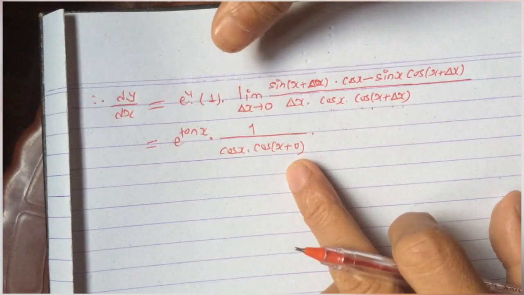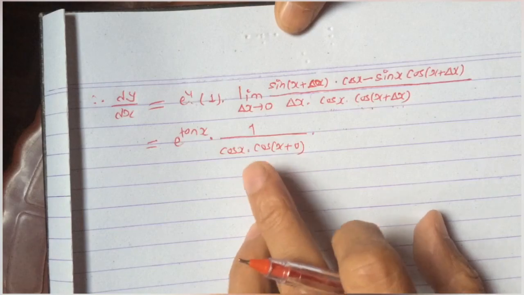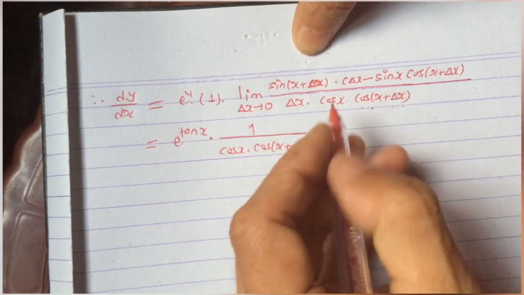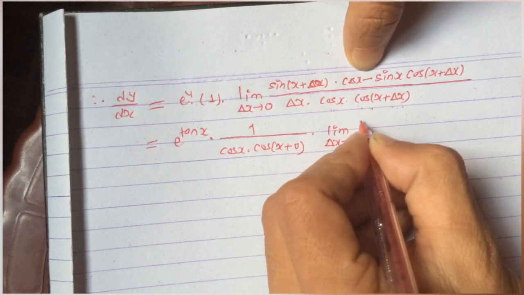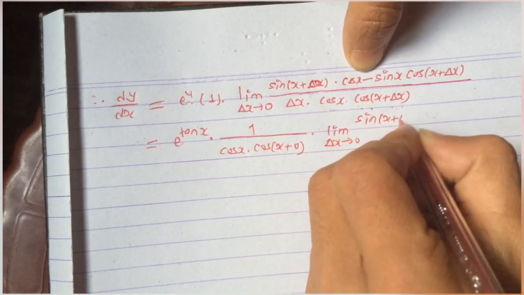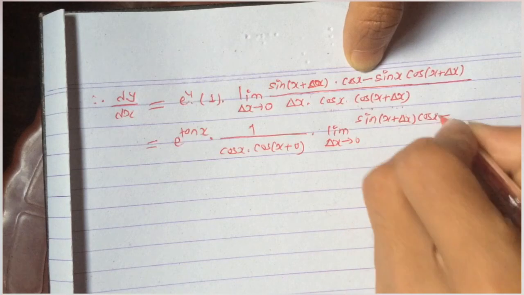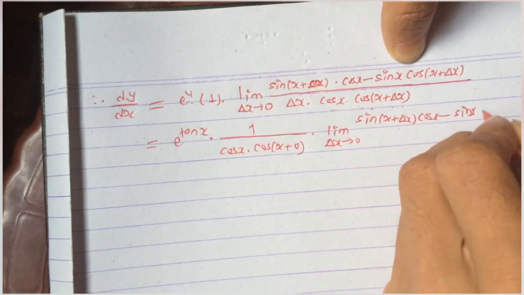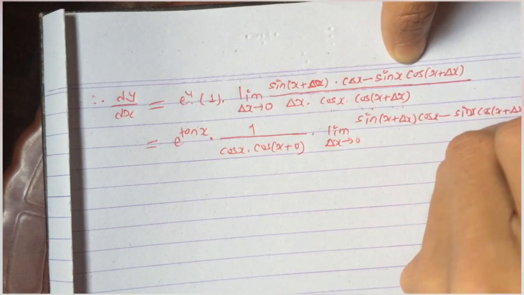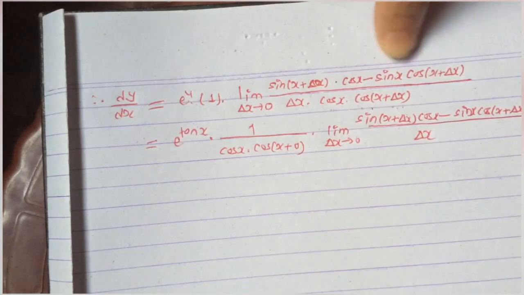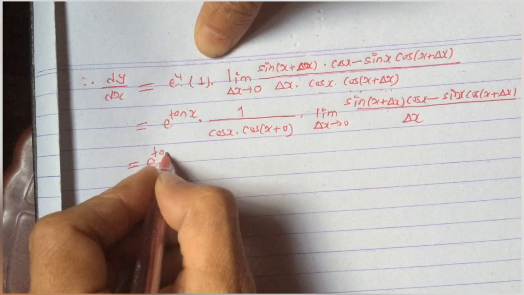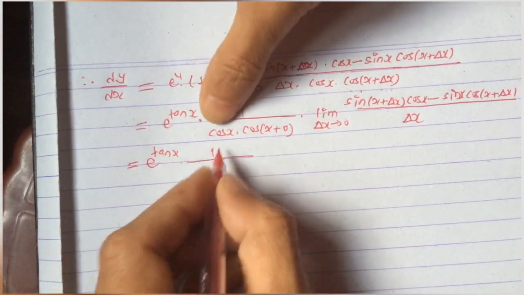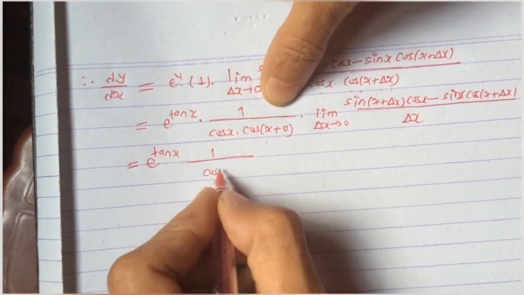The remaining factor can be written as limit del x tends to 0 of [sin(x plus del x) cos x minus sin x cos(x plus del x)] divided by del x, and this equals e^(tan x) divided by cos square x.